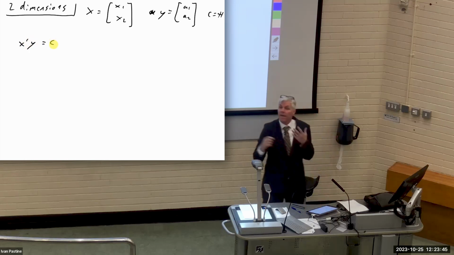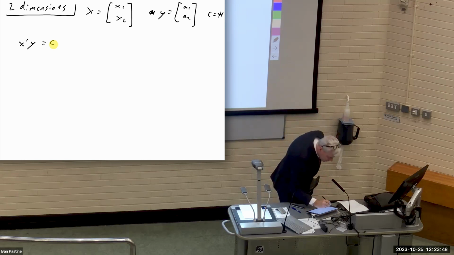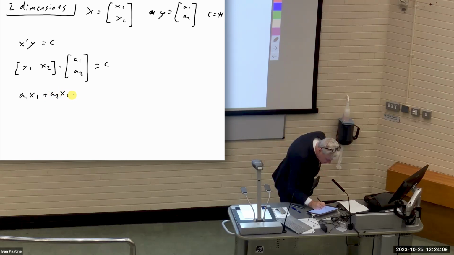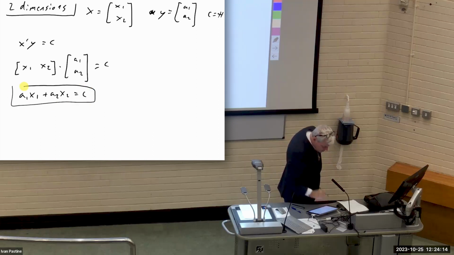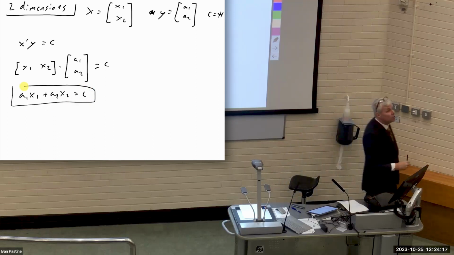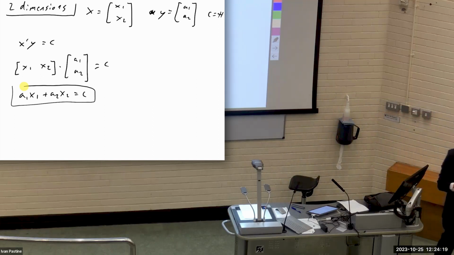We're going to look for all the x's where that is true. And so we get, put the x on its side, x1, x2, just the list on its side, times a1, a2 is equal to c. Multiply this out, we get a1 x1 plus a2 x2 is equal to c. And that's our hyperplane. And this, you'll notice, is just the formula for a line.